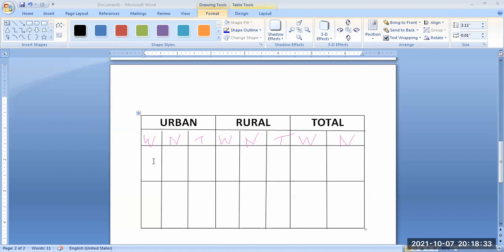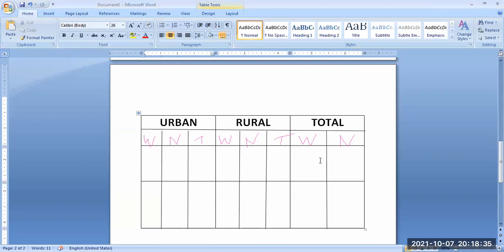Now you tell me, I mentioned, in urban population, how many workers are there? Just now I have written, no? You did not note? 9 crores.